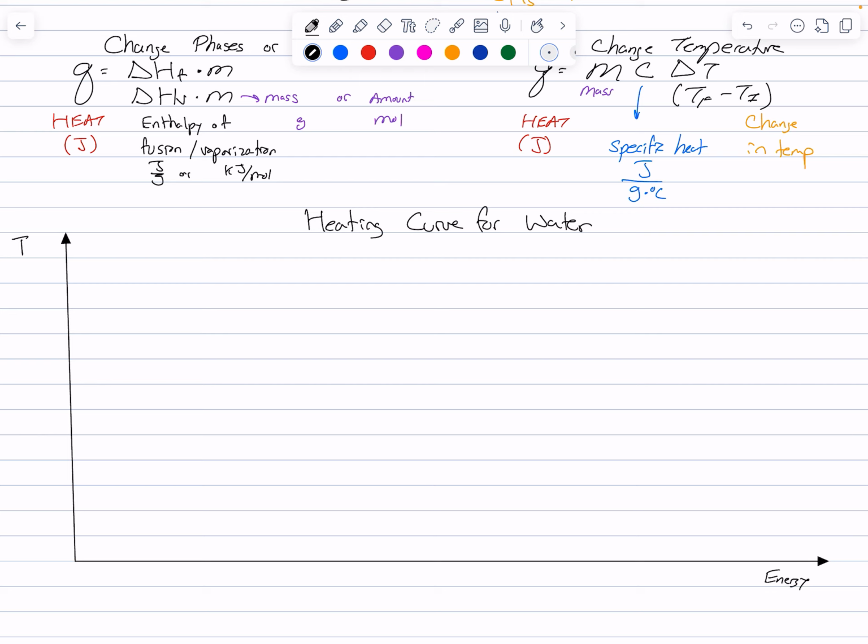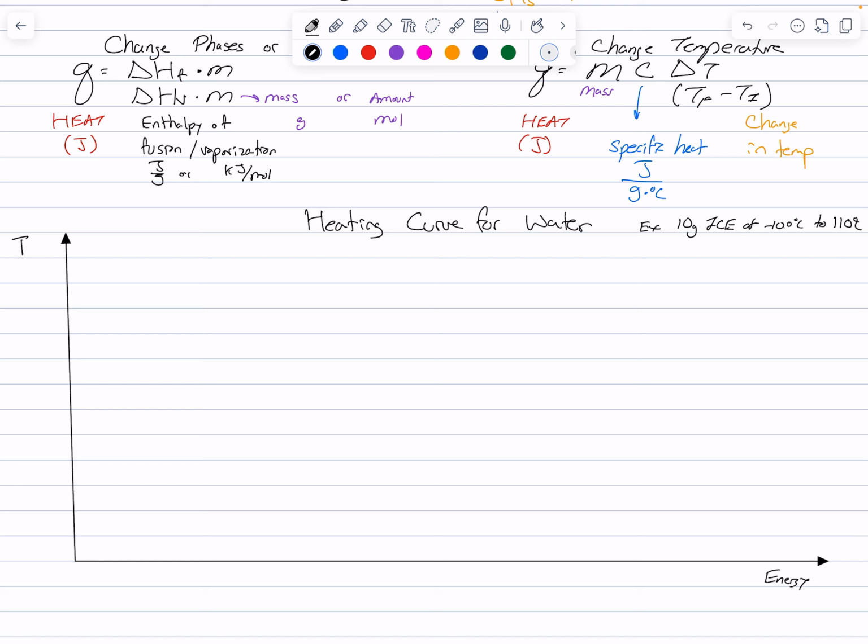All right, and so if we start off, our example will be 10 grams of ice from negative 10 to 110 degrees. So we're going 10 grams of ice from negative 10 to 110.